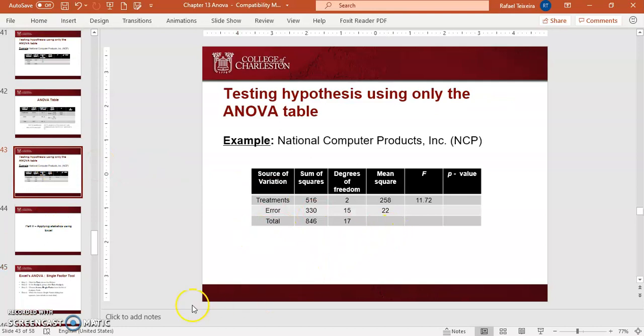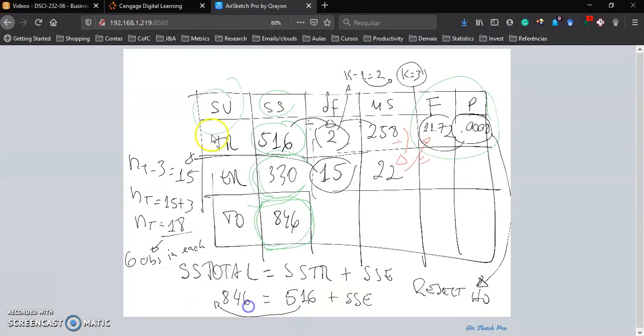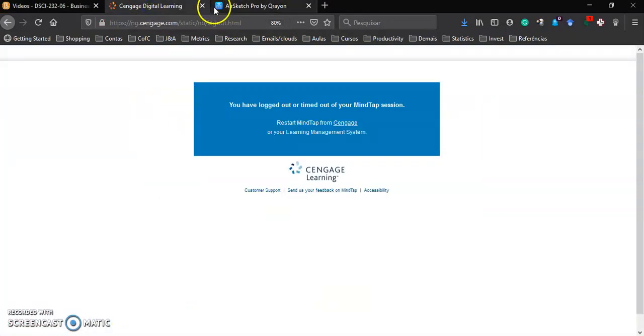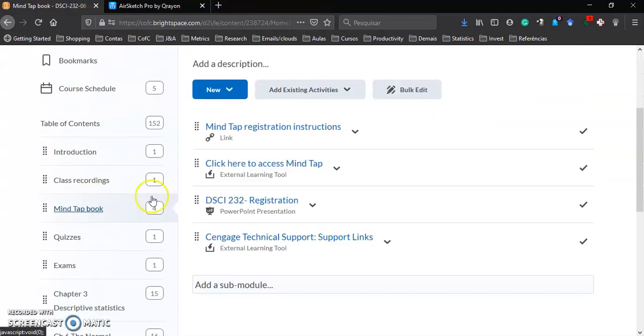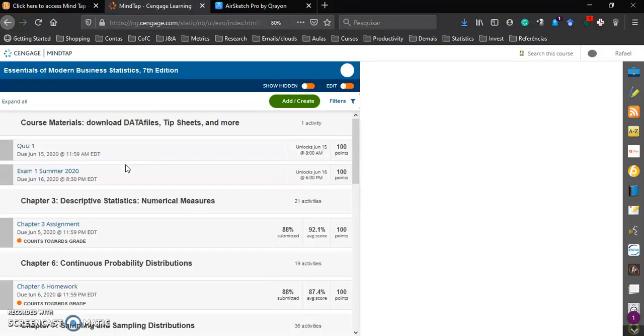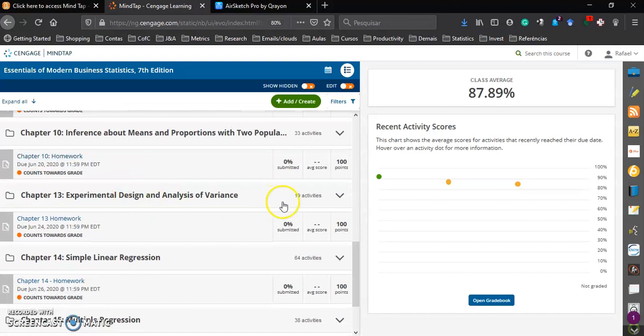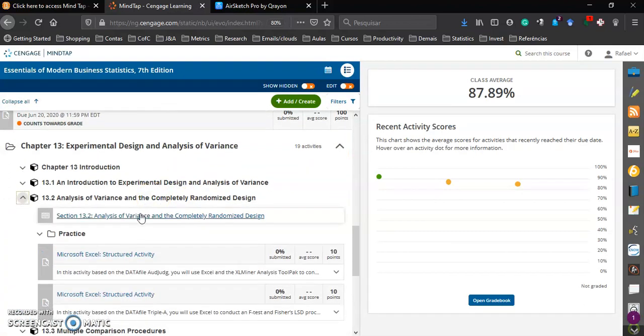Let's take a look at a different example, one that you might get from the book. The book is closed, so let me open the book again. This is chapter 13, analysis of variance. Let me see if it is in here.